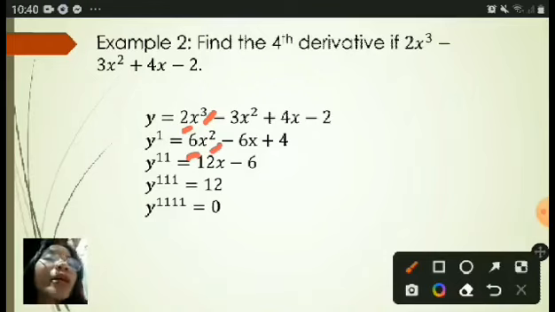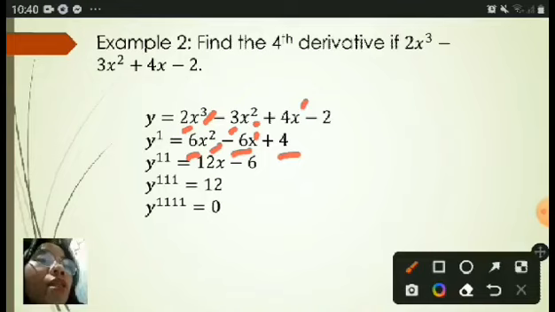Then minus 3x squared. So 3 times 2, negative 6. Then 2 minus 1 is equal to 1. So that's why we have negative 6x plus 4 times 1 is equal to 4. Then 1 minus 1 is equal to 0.